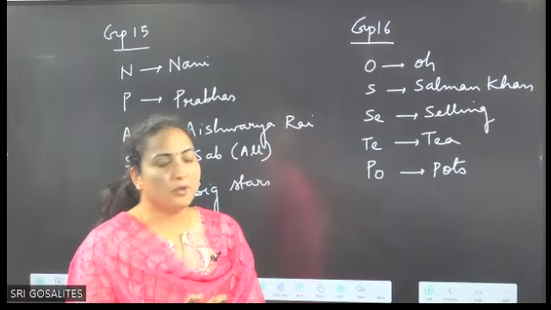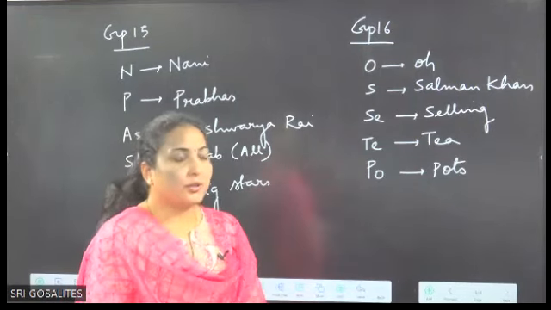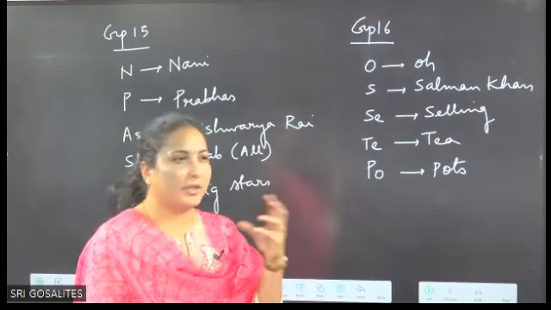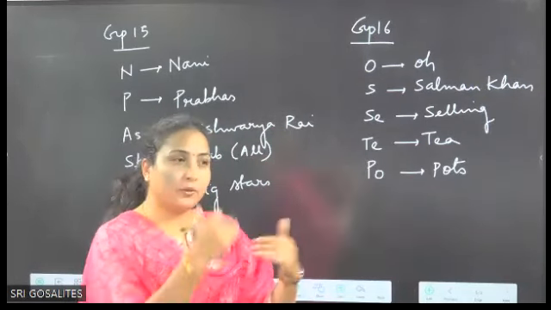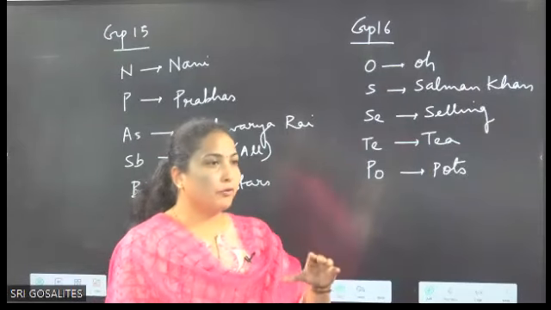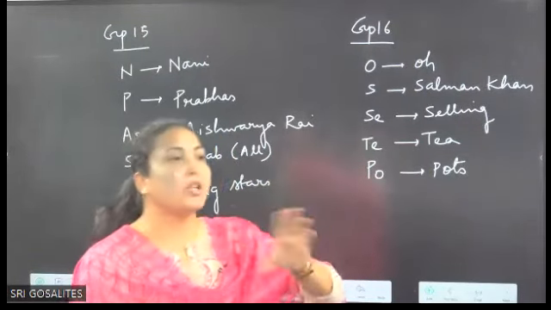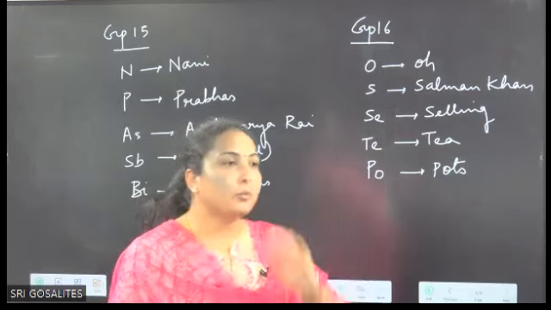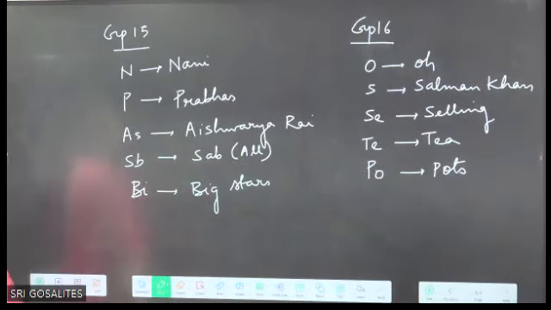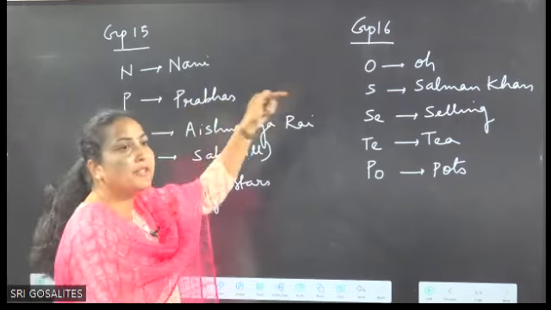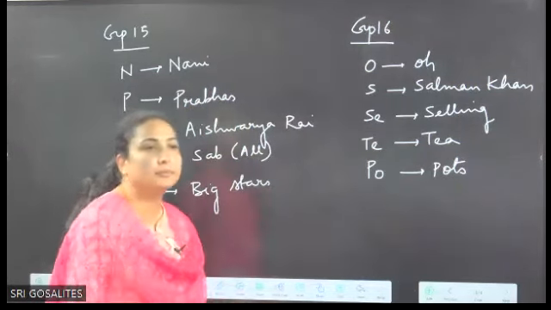Whenever you are making any mnemonic, it should be something quite funny or a good story by which you remember things. If you are able to relate to the concepts, they will stay in your memory for a longer time, right? Have you all written it? So this is oxygen, sulfur, selenium, tellurium, and polonium.